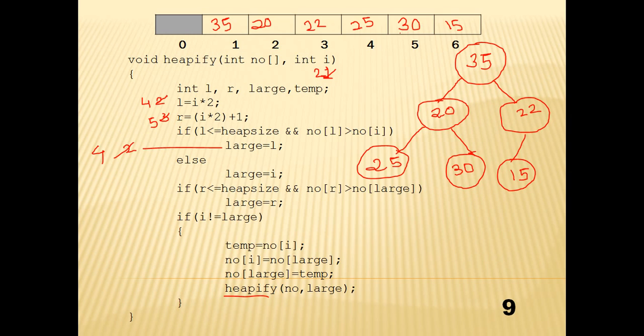And A[R], A[5] greater than A[4], the condition is true. A[5] is 30, and A[2] is 20, the condition is true, so large will be R, large will be 5.